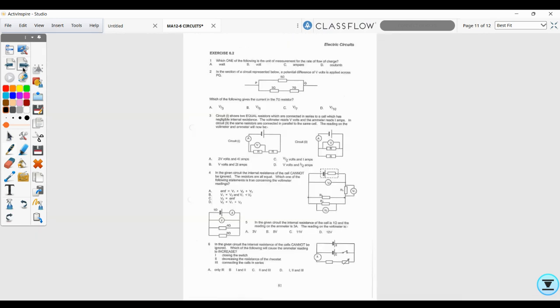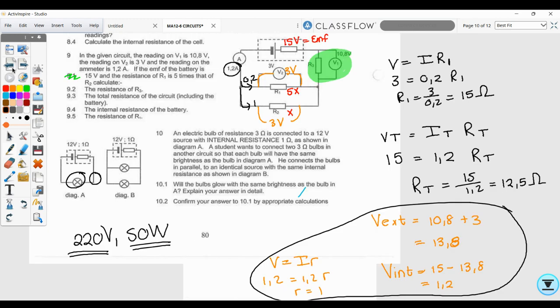Now, why do the lights that are connected in parallel last longer? Right? In parallel, they don't necessarily last longer. They just shine the same brightness. Did someone say they last longer?